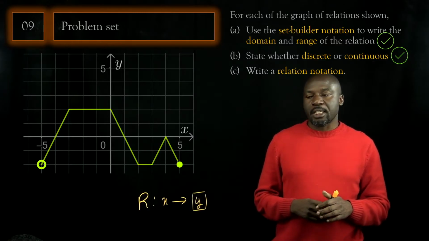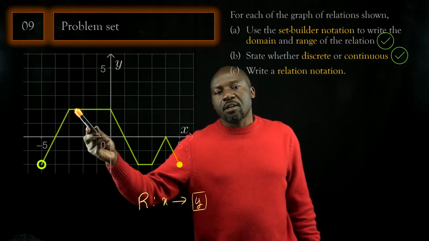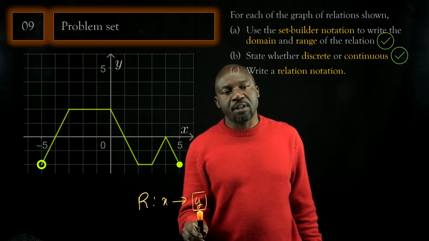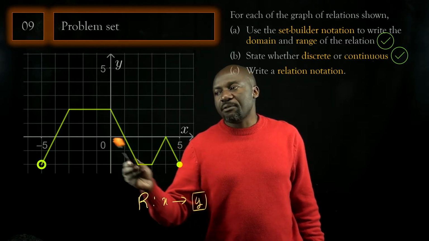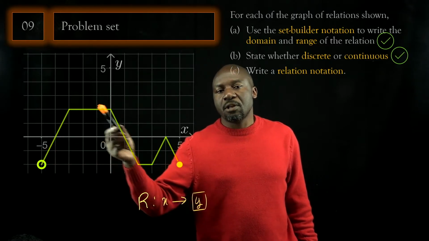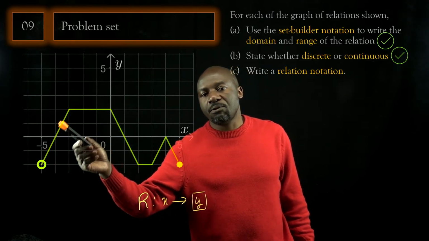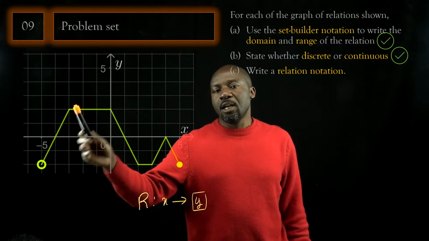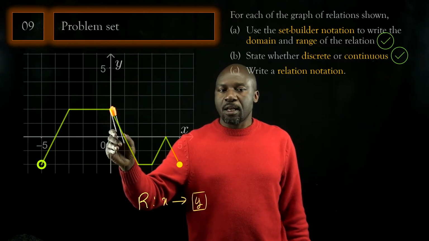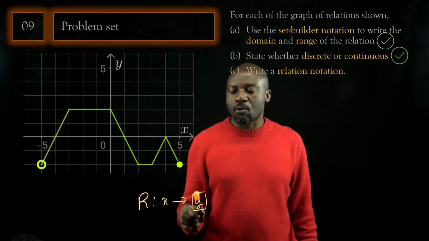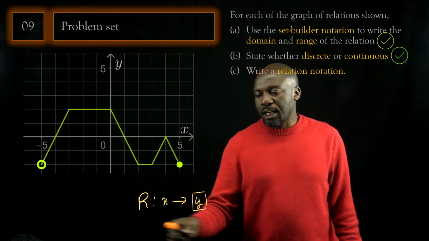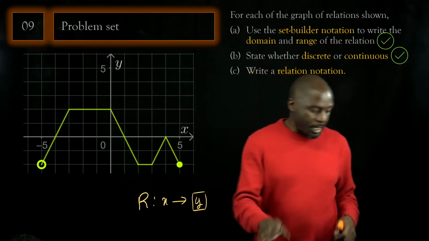The problem is that every section of this relation has a completely different rule for determining the value of Y. So we have to find those different rules. We need to know the equation of this line, the equation of that line, and so on. Once we have found the equations of the lines, we will write the relation notation for this relation.